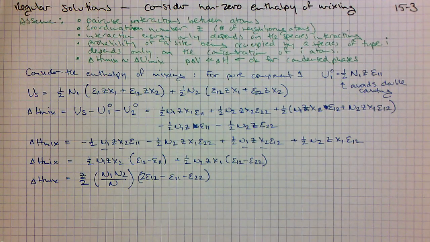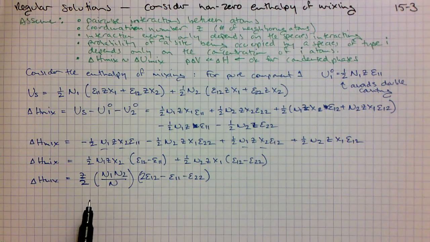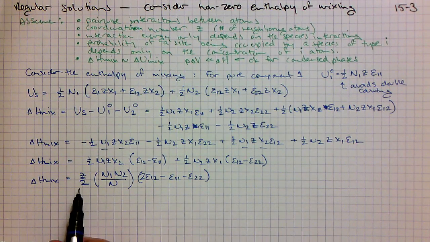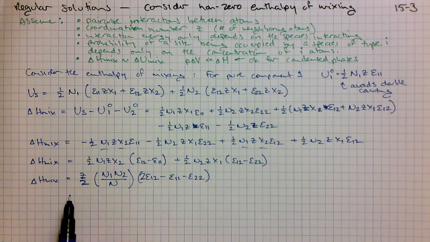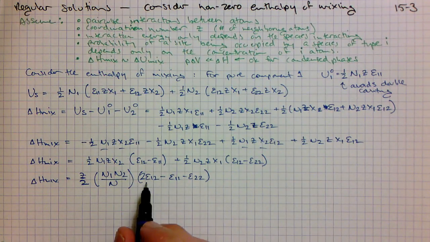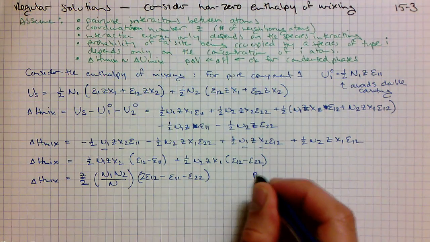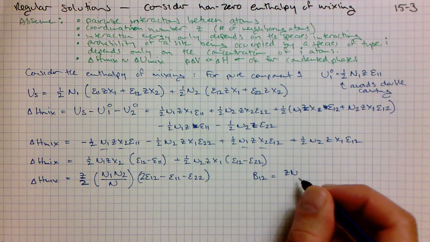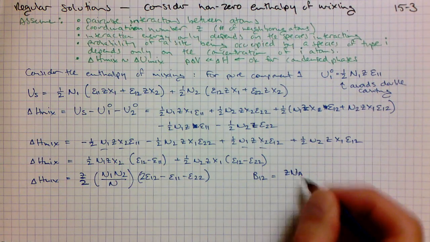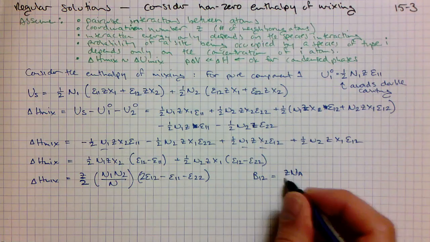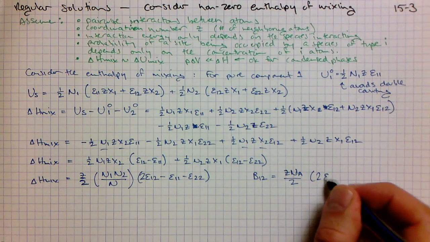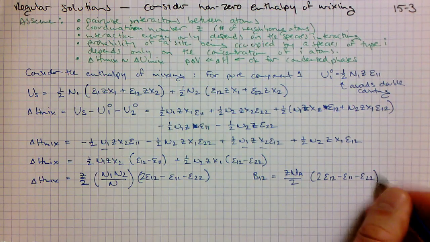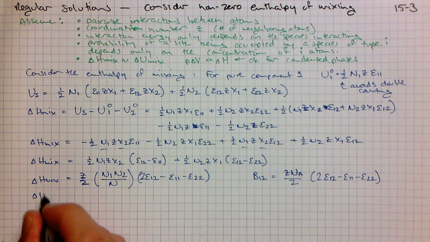Okay, so we can combine that into an empirical constant. We're going to call B12 equal to Z times Na, the number of atoms, over 2, times 2 epsilon 1,2 minus epsilon 1,1 minus epsilon 2,2. Na is Avogadro's number, sorry.